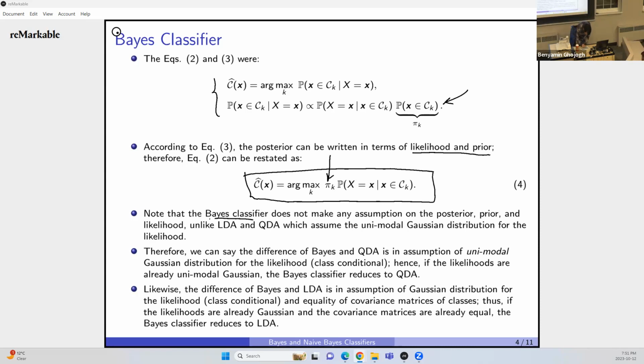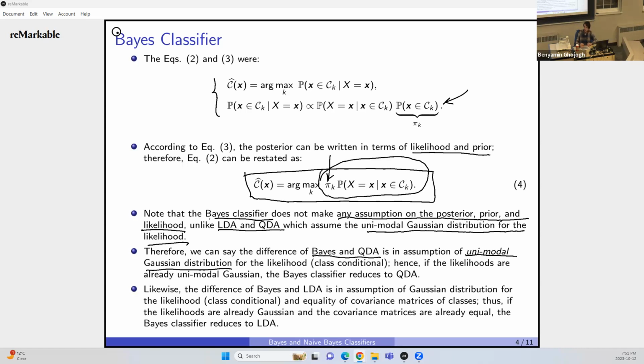And the Bayes classifier does not make any assumption on the posterior, prior, and likelihood. It's general, right? Unlike LDA and QDA, which assume unimodal Gaussian distribution for the likelihood. Do you remember? We talked about it. Therefore, we can say the difference between Bayes and QDA is in the assumption of unimodal Gaussian distribution for the likelihood. This prior times likelihood was also used in QDA and LDA, but here Bayes is general.